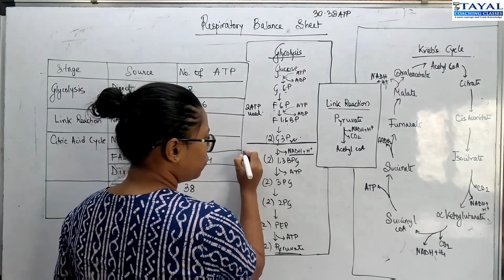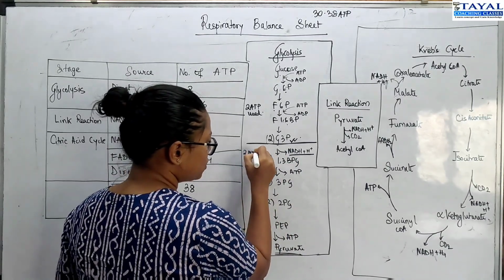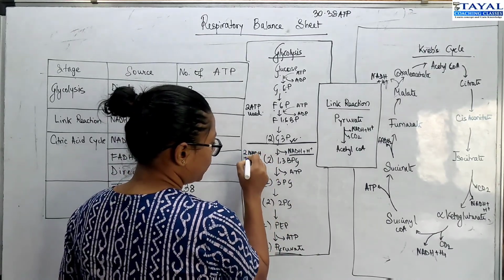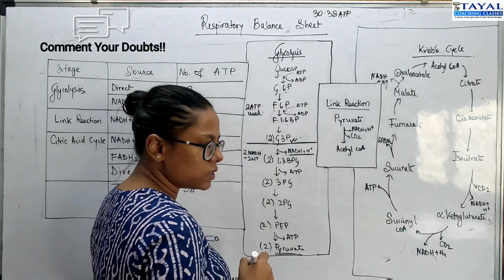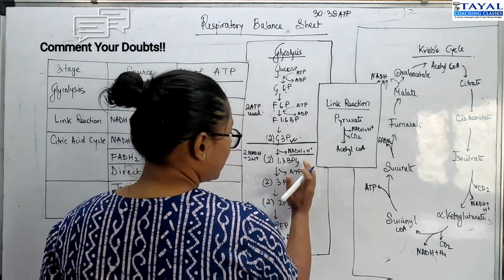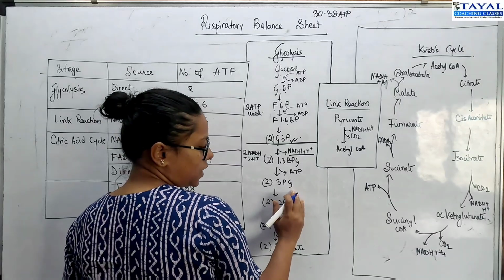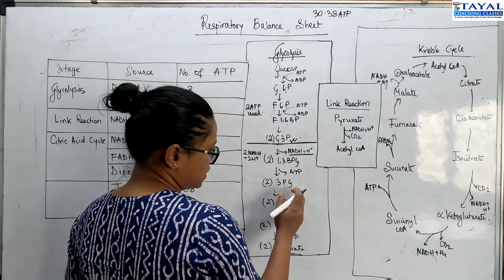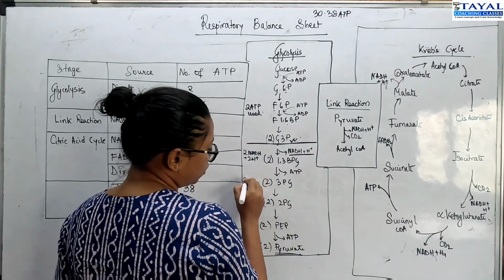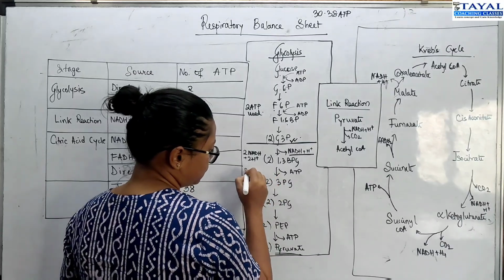So you get a total output of 2 NADH and 2 H plus, 2 protons that is. And then when the 1,3-bisphosphoglycerate gets converted into 3-phosphoglycerate, it gives you a total of 2 molecules of ATP.